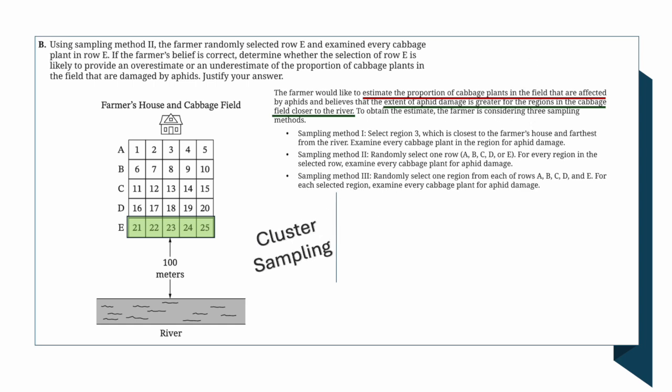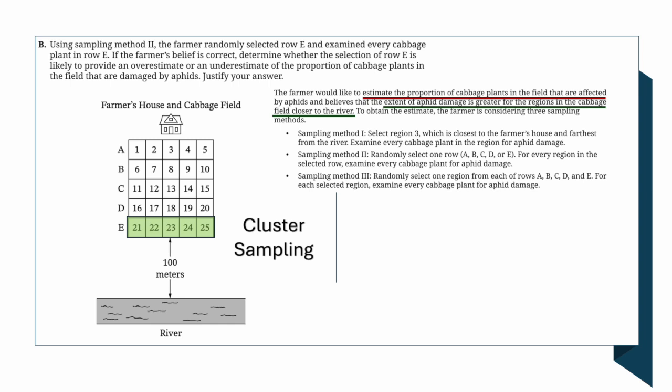So this is a classic example of cluster sampling. You're dividing the field into clusters like A, B, C, D, and E, and then randomly selecting one of the clusters and examining every cabbage plant in that cluster. Now if you look at the cluster, which is row E, every region is closer to the river, so it's likely to provide an overestimate of the proportion of cabbage plants affected by aphids.